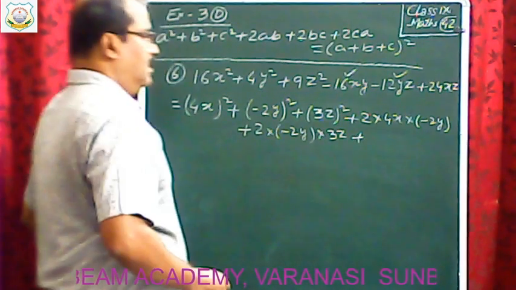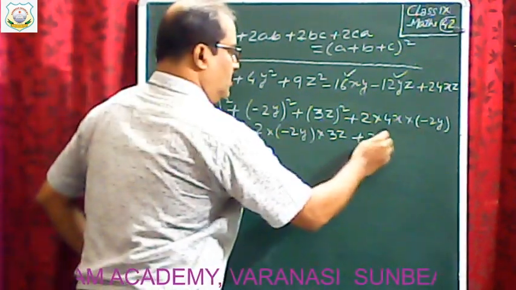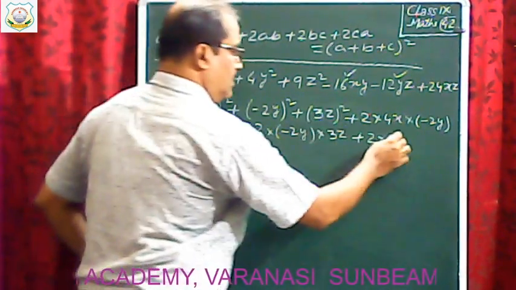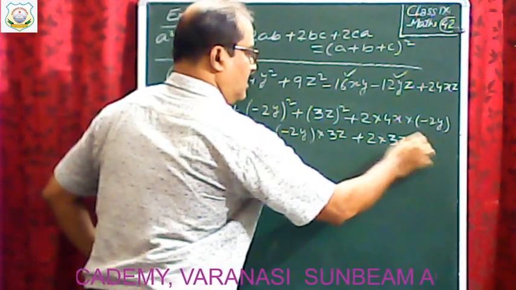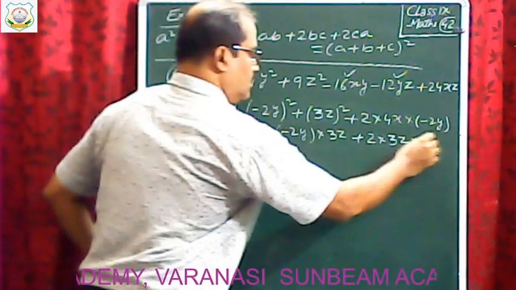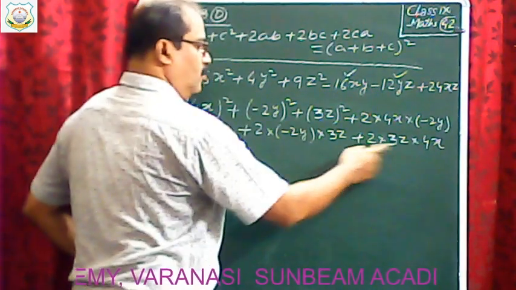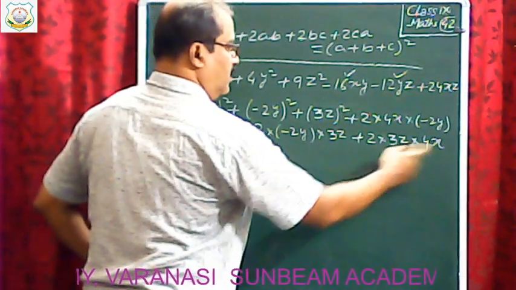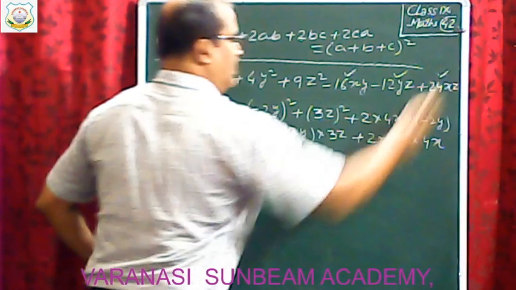Plus 2ca. 2 into c is 3z, a is 4x. So 2 6s are 12, 4 12s are 24 xz. 24xz matched.